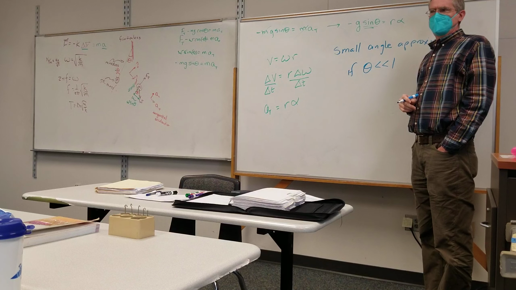Somebody do the quick conversion here. 1 radian equals how many degrees? 180 divided by pi, if you want that route. 57.3? Okay. So if it's much less than 57.3 degrees, it turns out that the sine of theta is approximately equal to theta.